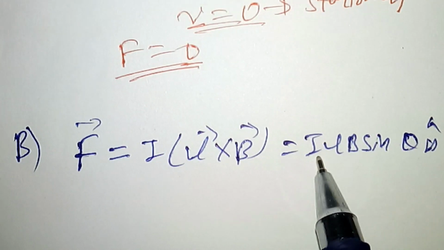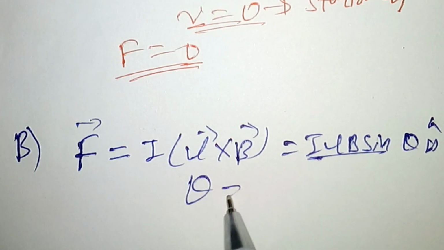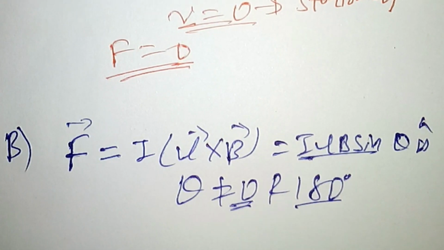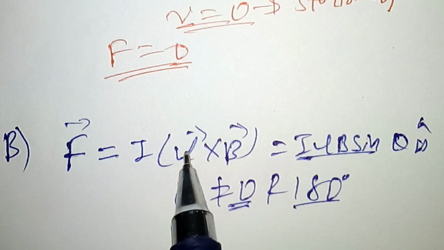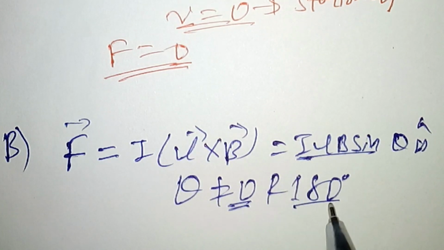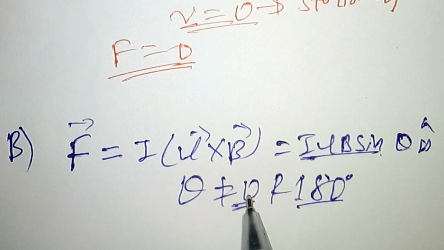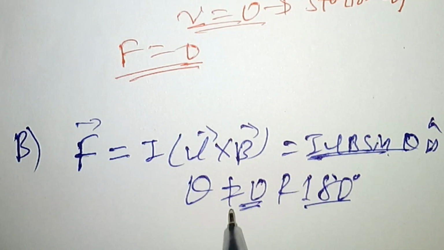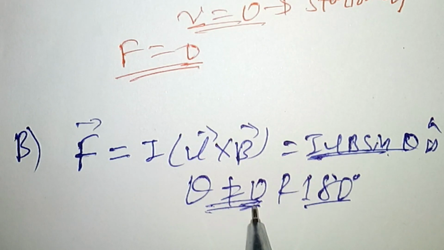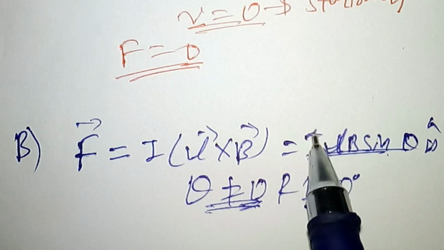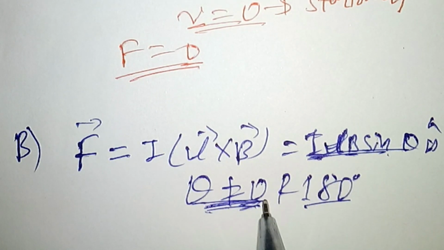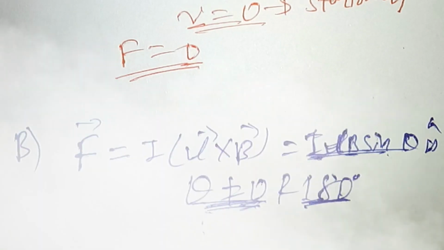This is only true if theta is different from 0 and 180 degrees, because if the direction of the current, or the length vector of the wire, and the magnetic field are collinear, the force becomes 0. So the force only exists if the angle theta between them is different from 0 and 180 degrees. So this statement is not always true.